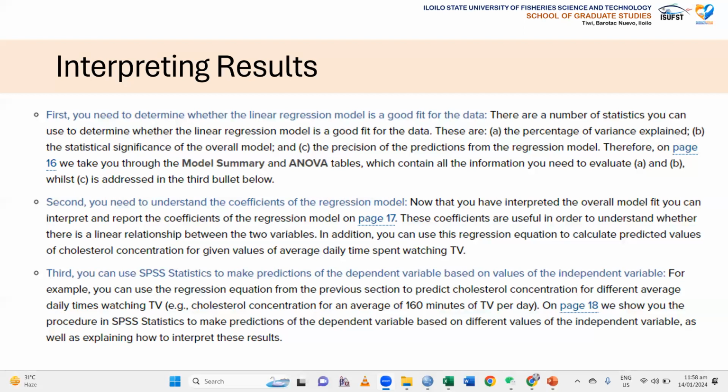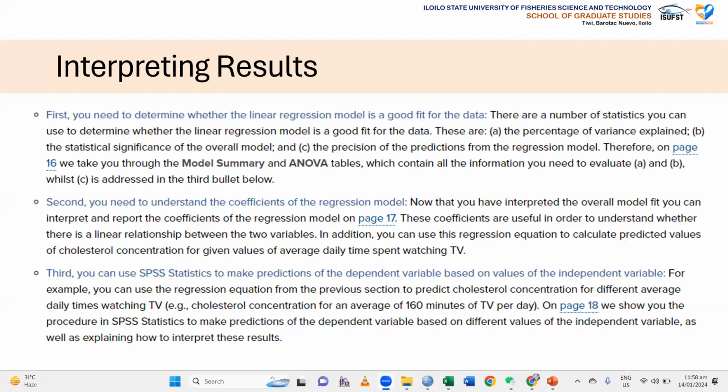Third, you can use SPSS Statistics to make predictions of the dependent variable based on the values of the independent variable. For example, you can use the regression equation from the previous section to predict cholesterol concentration for different average daily time watching TV.